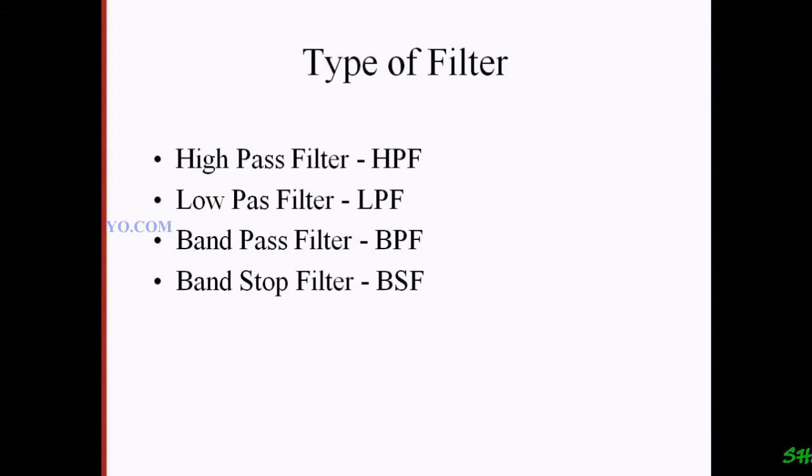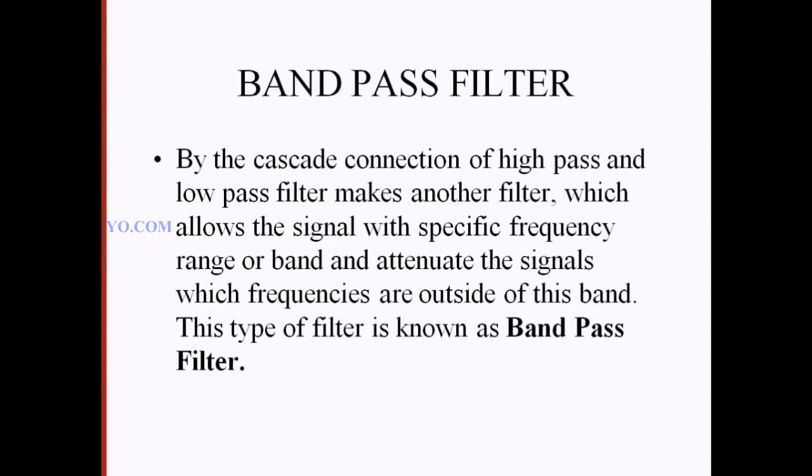The band stop filter is just the opposite of the band pass filter. It stops the frequencies mentioned by the two cutoff frequencies, that is, the higher cutoff frequency and the lower cutoff frequency. Here we are going to see the band pass filter. In our syllabus we must study the band pass filter in great detail. A cascade connection of a high pass filter and a low pass filter makes a band pass filter.